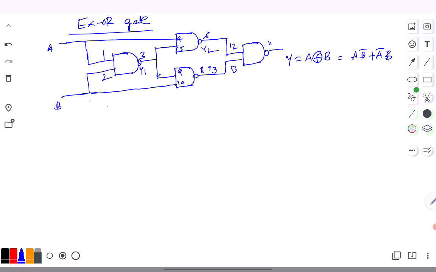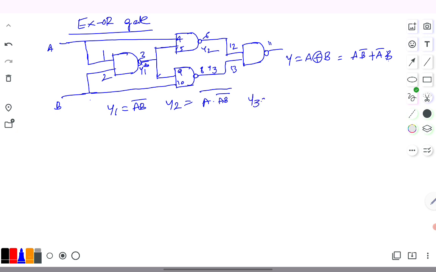Here y1 is equal to A B bar, y2 is equal to A dot A B bar, double bar, because we are using NAND gate.